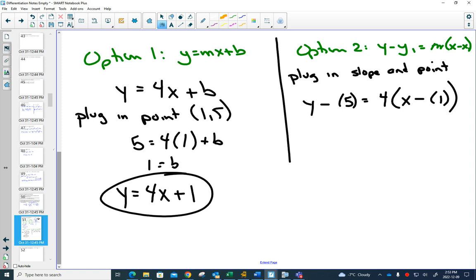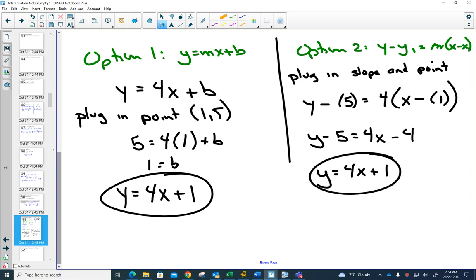Where the x1 and the y1 are, that's where I plug in my point. Where the m is, that's where I plug in my slope. And so I would have y minus 5 equals 4. If I distribute, x minus 1 times 4. If I wanted to rearrange this to get y by itself, I could add 5 to both sides. And now I've got the same equation on both sides.